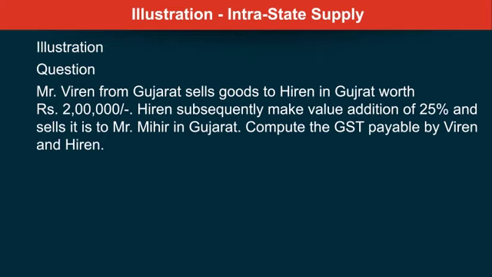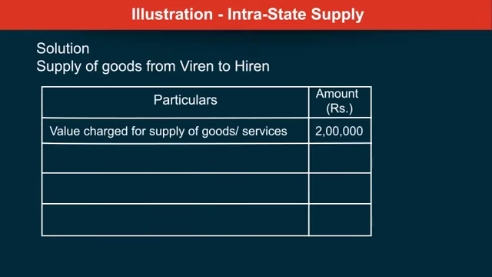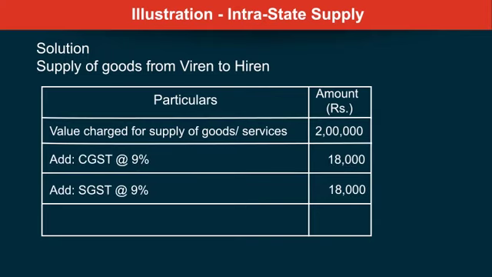Here Viren is the initial person who is going to manufacture and sell the product worth rupees 2 lakh within the same state. While charging GST to Mr. Hiren, he will consider CGST and SGST at the rate of 9%. The price of the goods is 2 lakh, 18% is the tax rate, half is CGST that is 9% and half is SGST that is 9%.